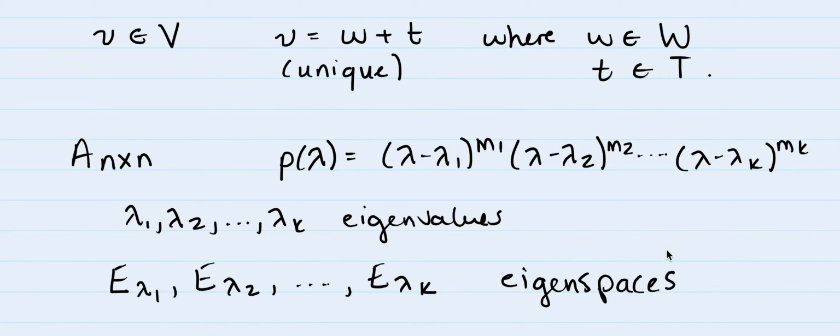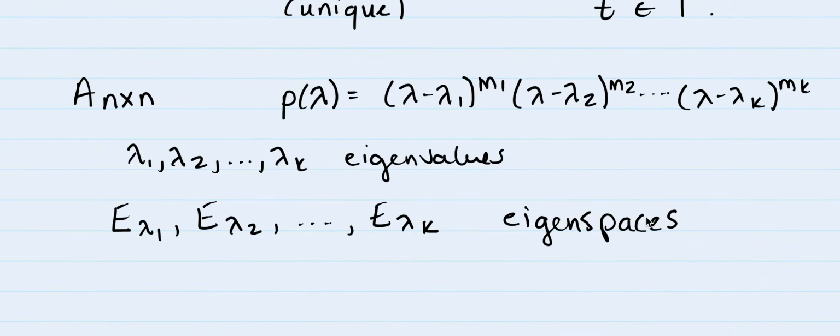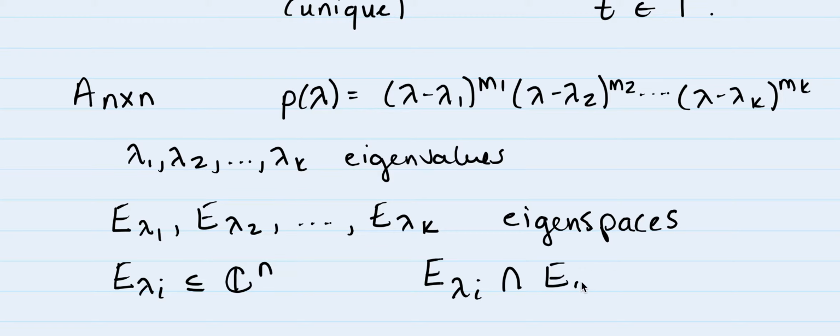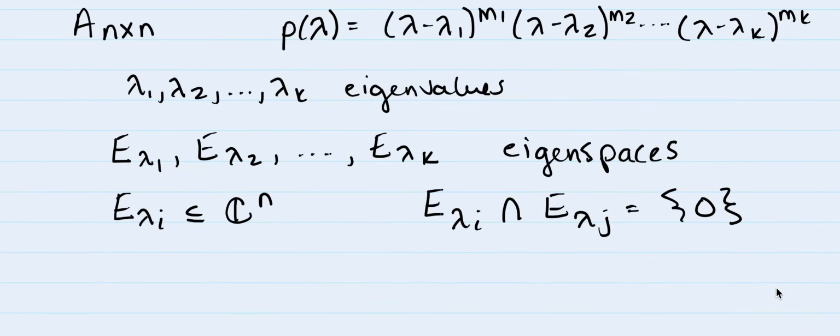We also said that each one of these eigenspaces is actually a subspace of Cn. And we said that E lambda i, if we intersected with E lambda j, we are left with just the 0 vector. We can talk about the direct sum of such eigenspaces.